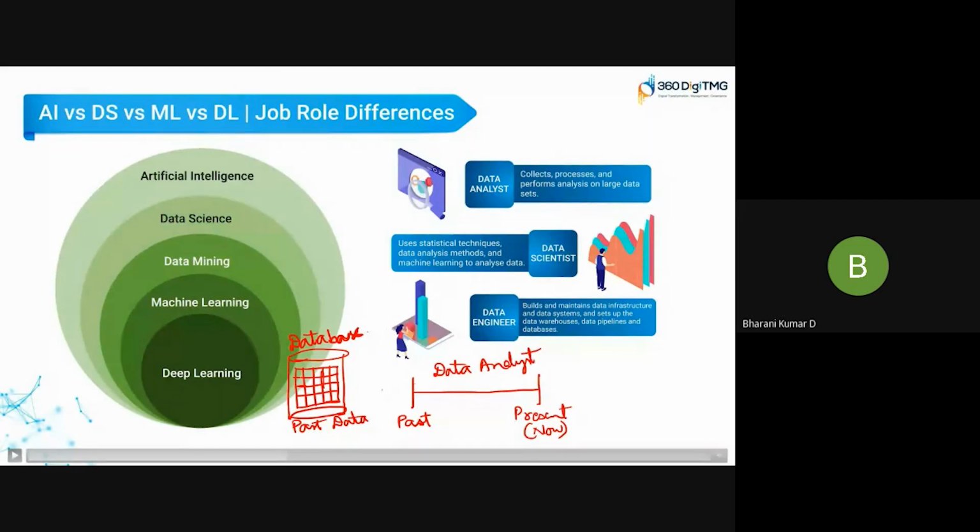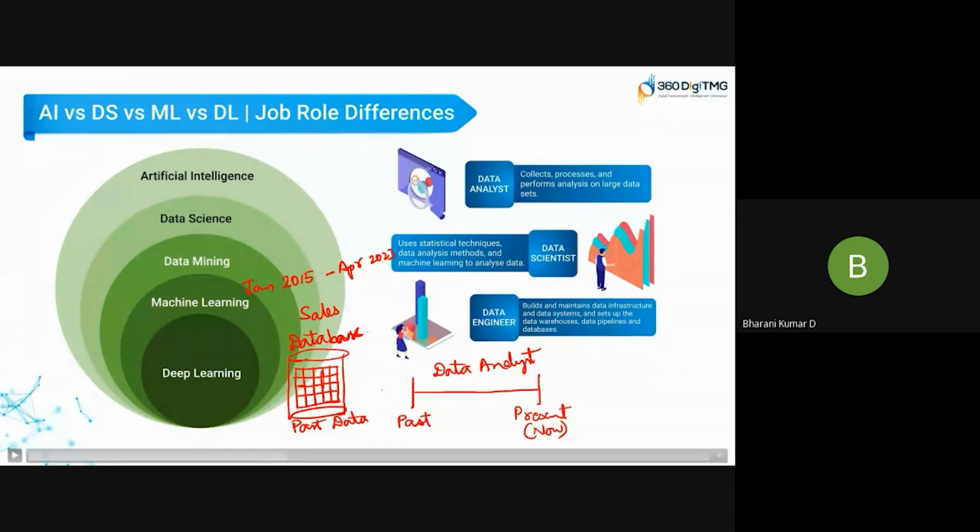For example, if you have company sales, organization sales, say you have data from Jan 2015 until April 2023.